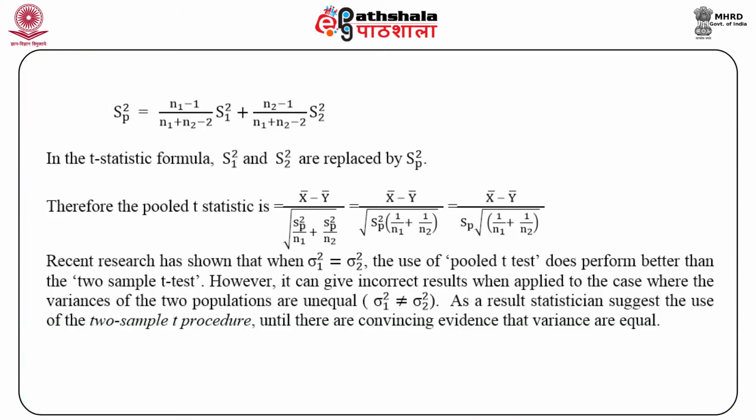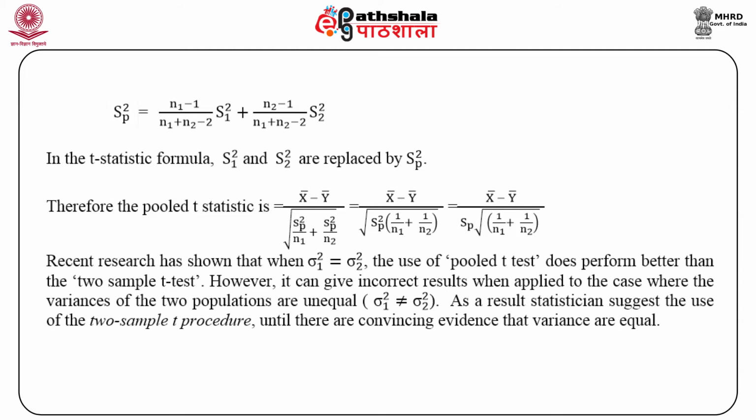Therefore, Sp² equals (n1 − 1)/(n1 + n2 − 2) times S1² plus (n2 − 1)/(n1 + n2 − 2) times S2². Now in the t statistic formula in equation 4, S1² and S2² are replaced by Sp².